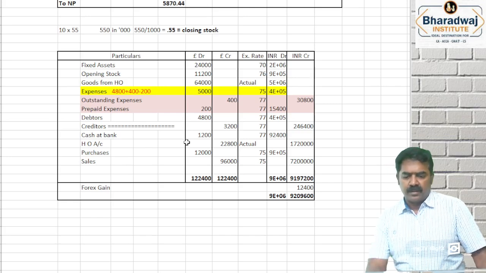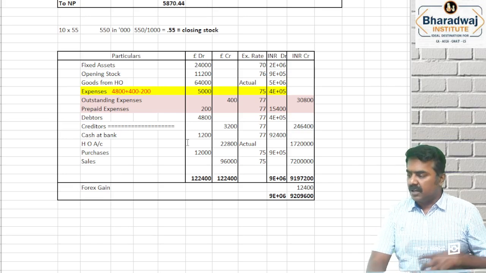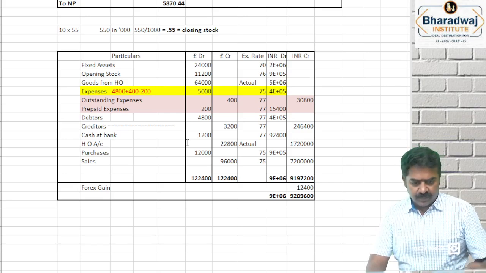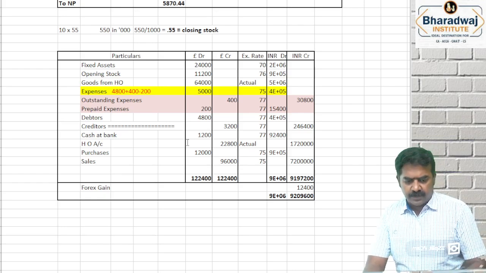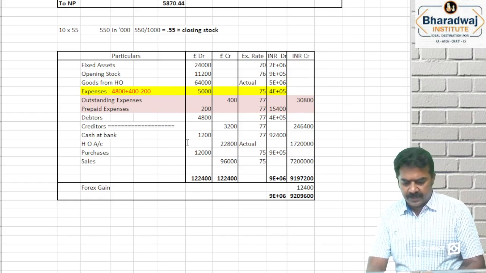Wait. What is the opening stock given? Opening stock, what price is given? Cost is given. So invoice price will be 2,25,000 into 120%.